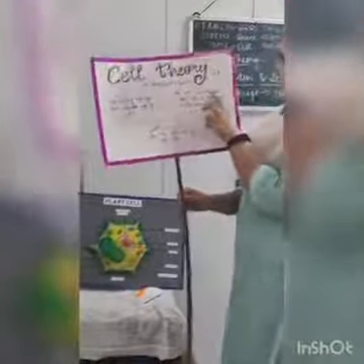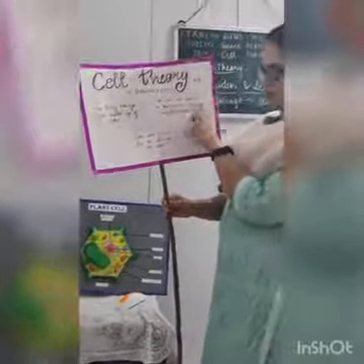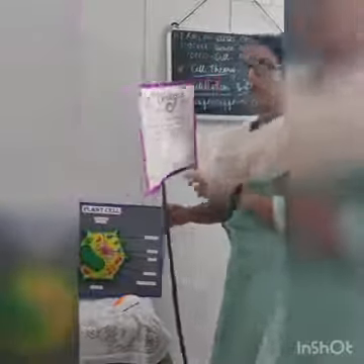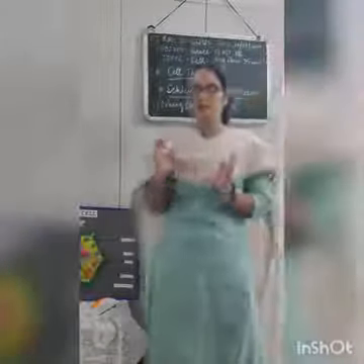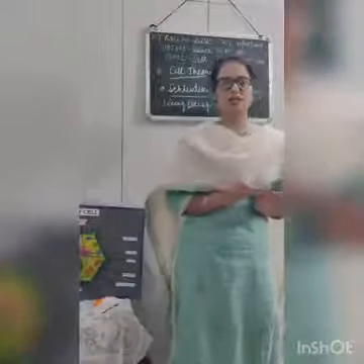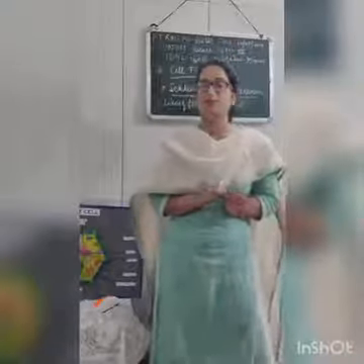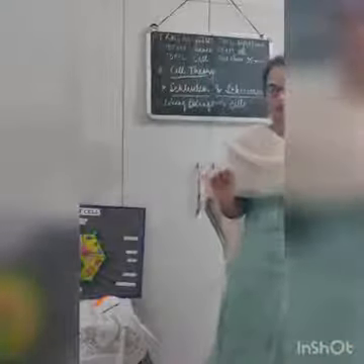Okay, ma'am. So the second postulate of this theory was that all cells are similar in their basic structural and functional unit, but they are not identical. Which means that all the cells that are present will be similar in their structure as well as function, but they won't be identical to each other. Are we clear with this point?